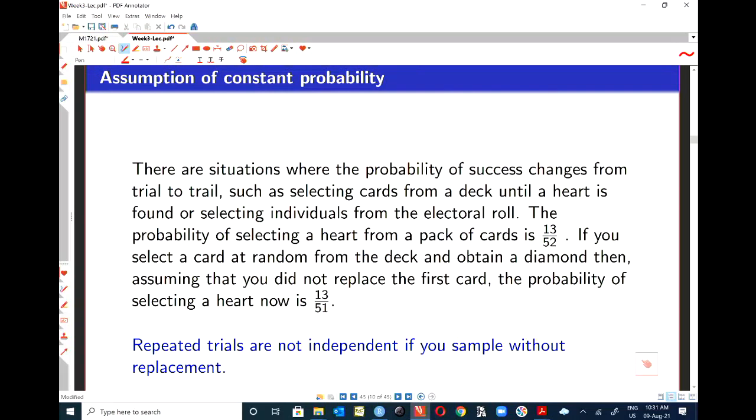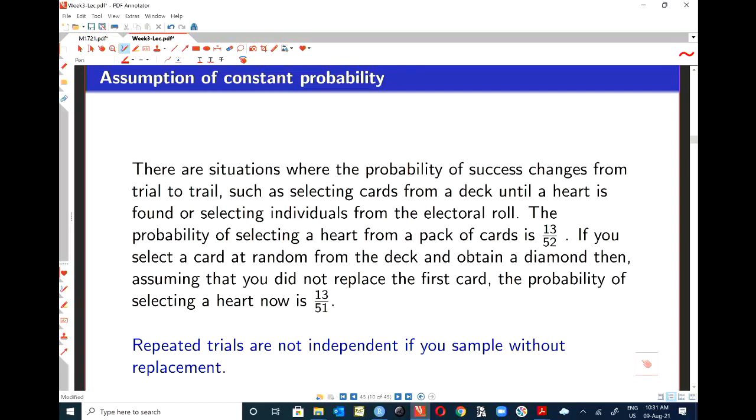Likewise with people, if I've got 100 people to sample from, and I'm pulling one person out of the sample, and I'm sampling without replacement, I don't sample the same person twice, then if I have only 100 to choose from, when I've taken the first one out, I've only got 99 left now. So if 99 is left, the probability of getting somebody who will vote yes has now changed all of a sudden.